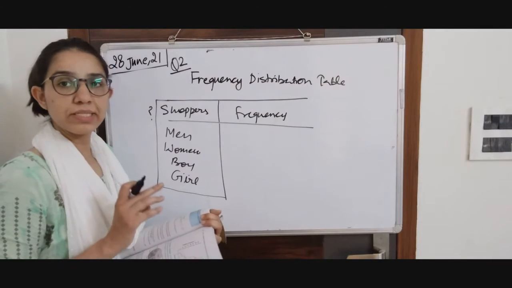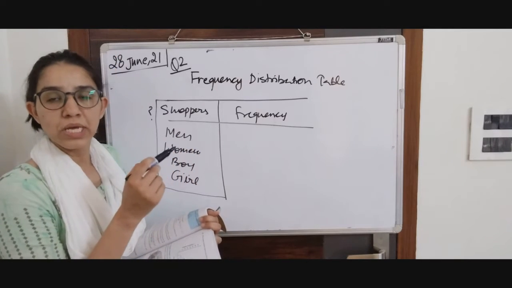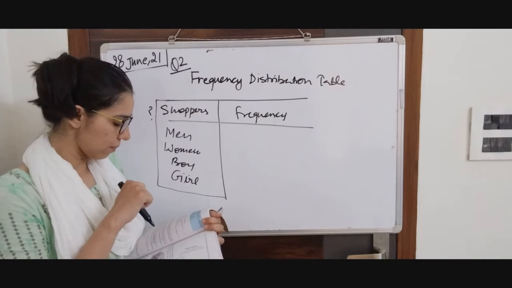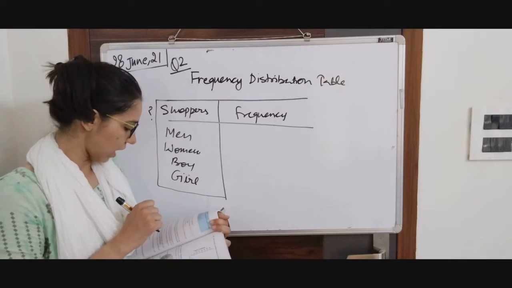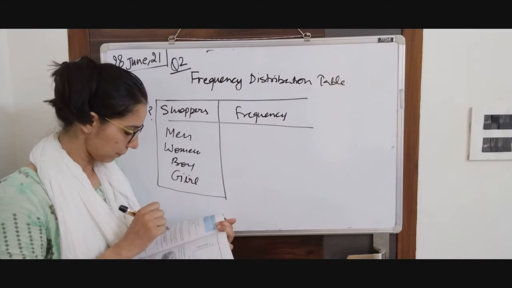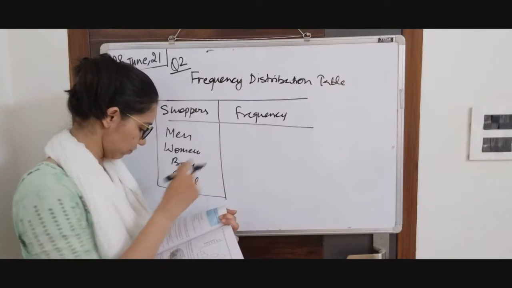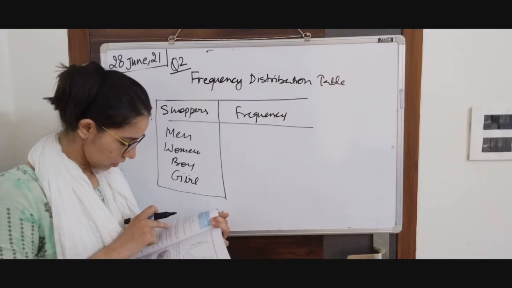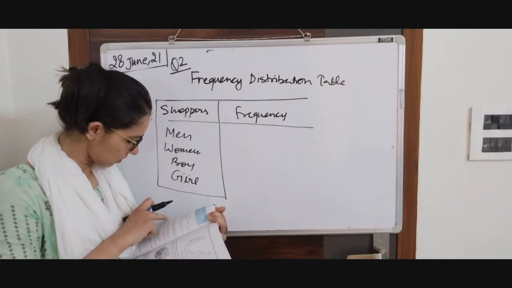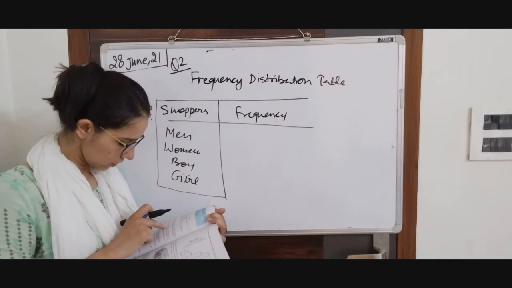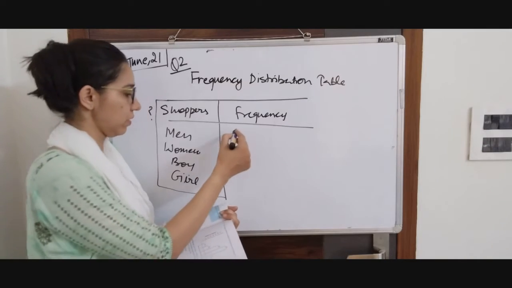Now frequency means the frequency of men shoppers will be the number of times of m in the given data. We will count the m and we will find out that there are 1, 2, 3, 4, 5, 6, 7, 8, 9, 10, 11, 12, 13, 14 men.